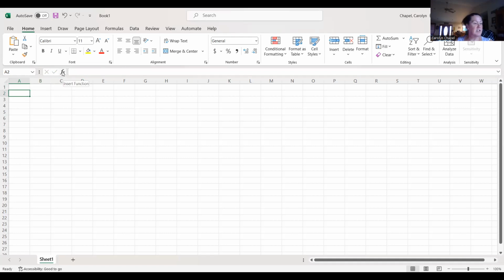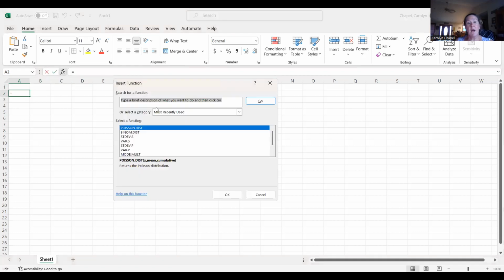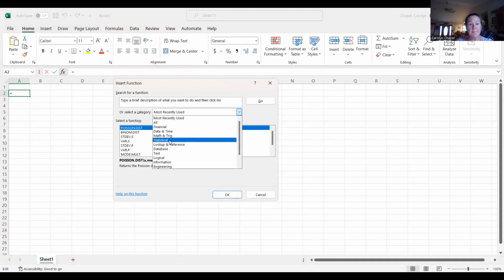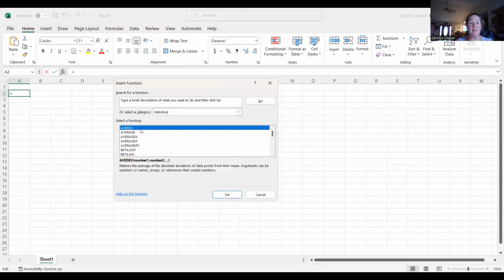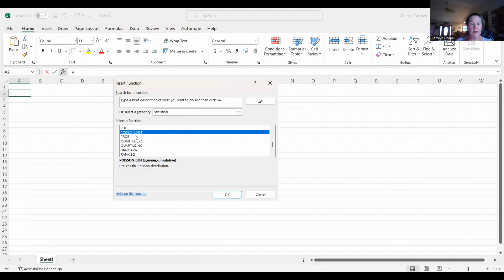We're going to use this function key. We're going to want to go into our statistical grouping. I'm going to scroll down to my P's. It does go alphabetical. And there's my Poisson distribution, P-O-I-S-S-O-N.